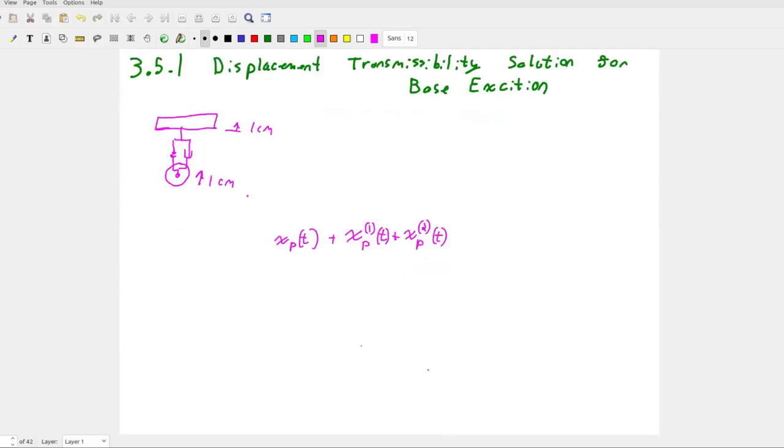So recall that the steady state solution of a harmonically excited spring mass damper can be expressed as x of p of t is equal to capital X cosine of omega t minus phi p.